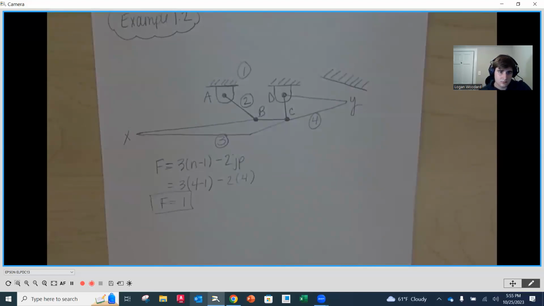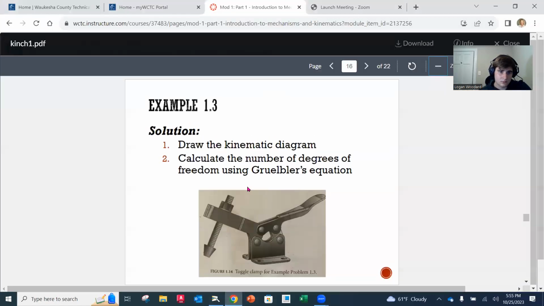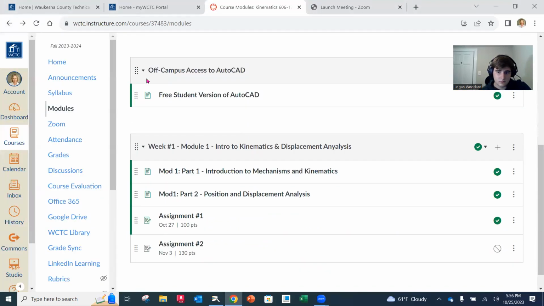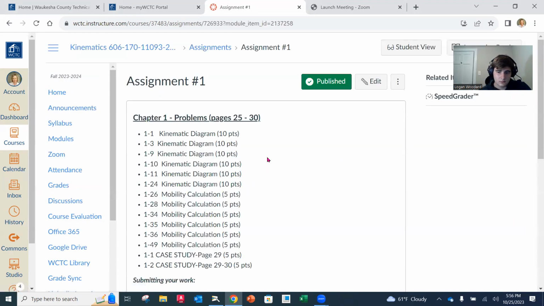Piece of cake, right? Remember when we looked at our assignment, I'm just going to peek there right now, because I know sometimes students look at the homework before they even worry about what we're going to learn. It's just natural. I do the same thing. If I go to assignment number 1, holy crap, that looks like a lot of work to do, right? It's not too bad. Notice that we have 1, 2, 3, 4, 5, 6 kinematic diagrams. And then notice that we have 6 mobility equations.